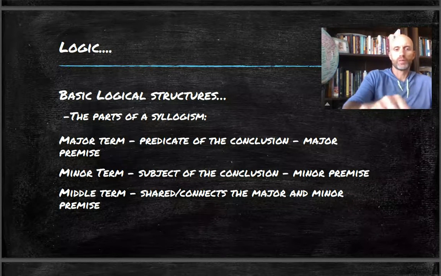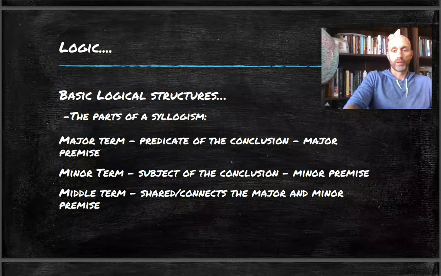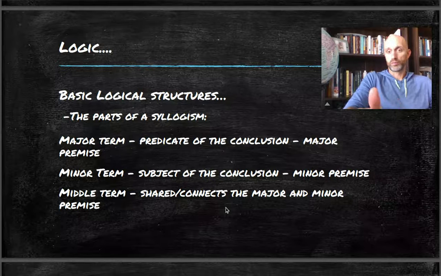So you're going to have your major premise, which is going to, of course, have your major term, your minor premise with your minor term, and your conclusion. Now, your major premise is going to have what besides the major term? It's going to have your middle term. Why? Because there has to be something to connect it with the minor premise.